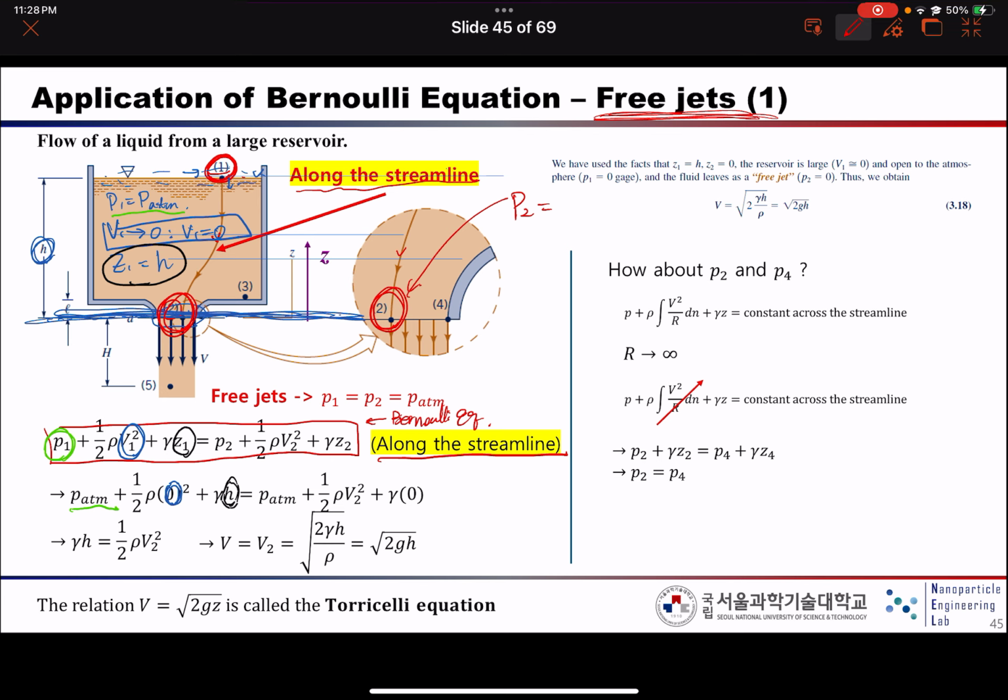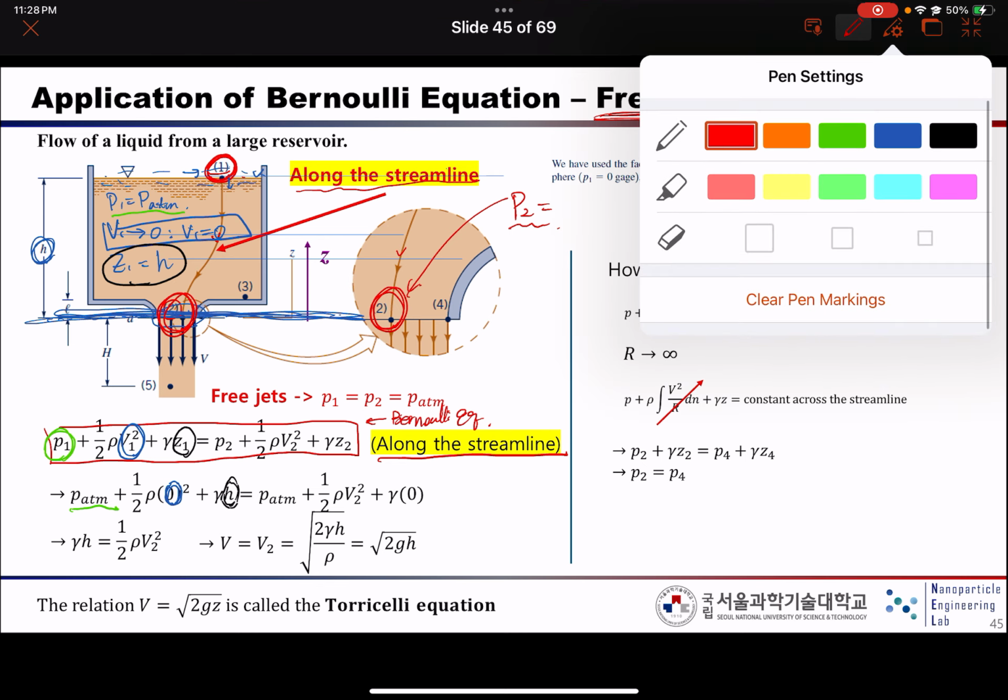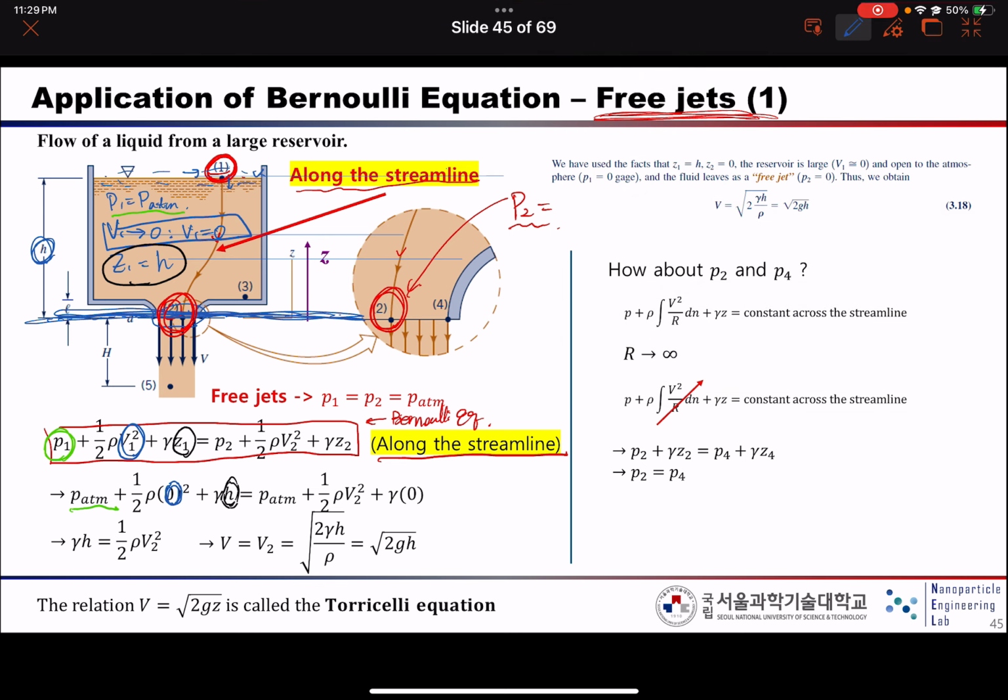But there are two different ways we can determine the pressure. The first one: consider this height, so gamma Z. The second one: because this is open to air, we assume that the pressure is the same as the atmosphere.